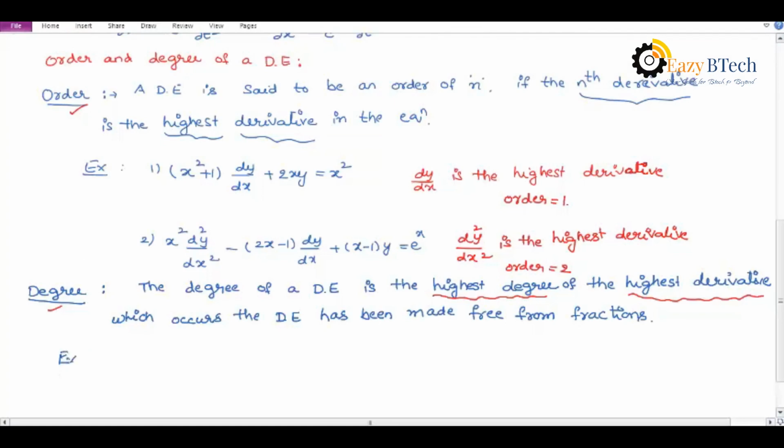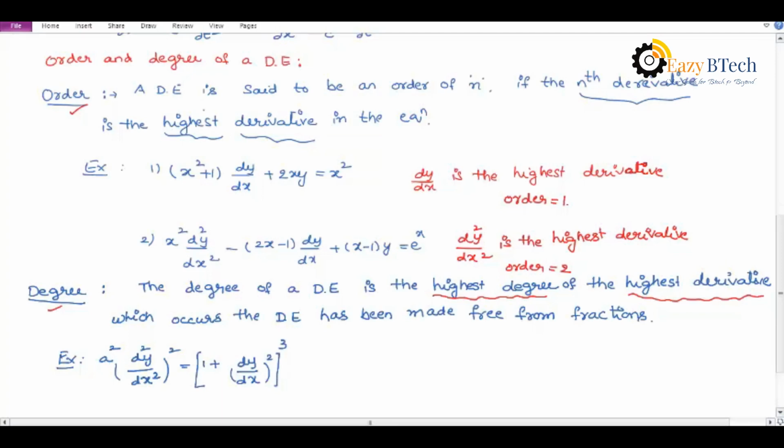Example: (d square y by dx square) whole square is equal to 1 plus (dy by dx) whole square, and again whole cube.